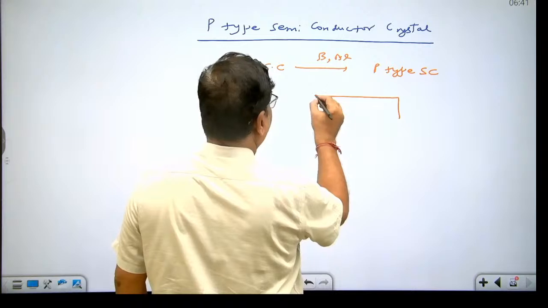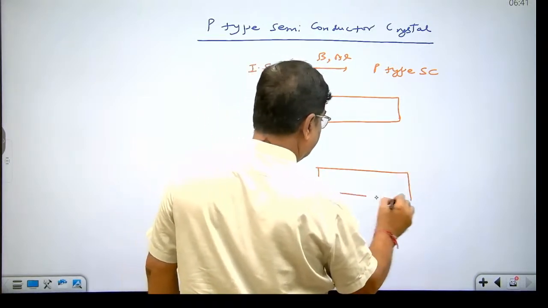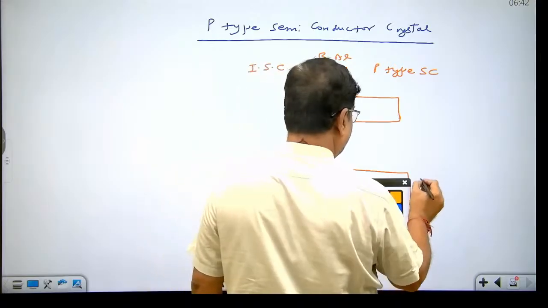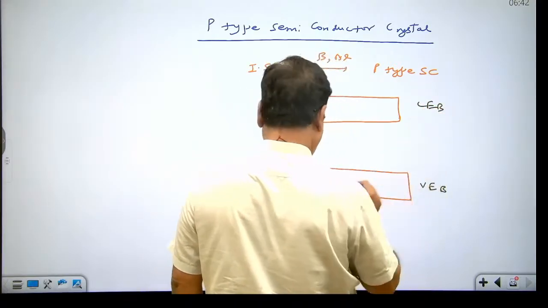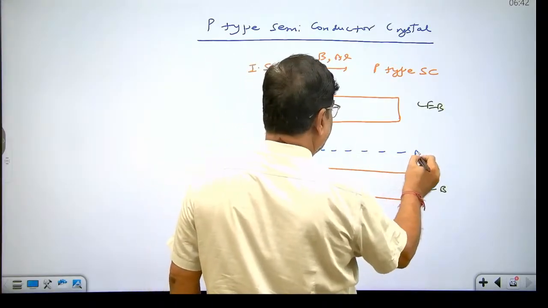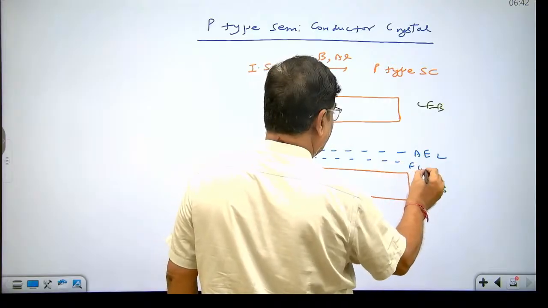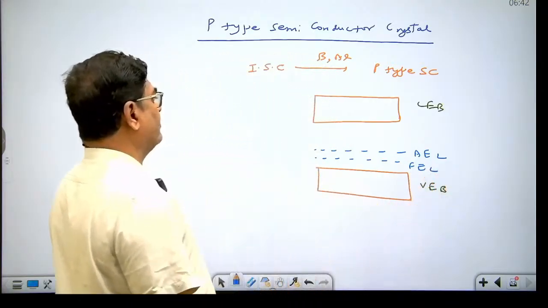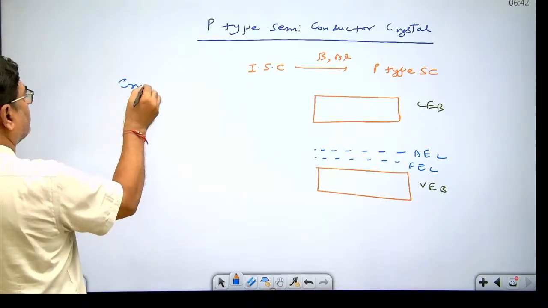Here, in case of P-type semiconductor crystal, this is the valence energy band, this is the conduction energy band, this is the acceptor energy level, and this is the Fermi energy level, and the crystal is neutral. These are the characteristics.